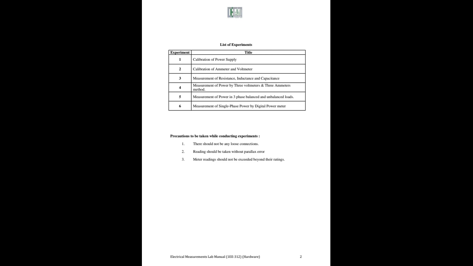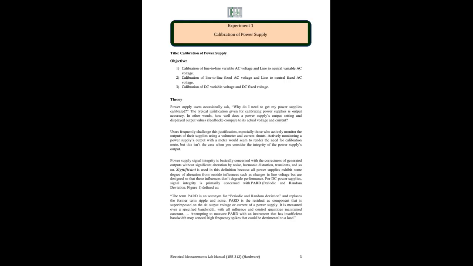Okay. Now coming to the experiments. The first experiment is calibration of power supply. What is meant by calibration of power supply, and what are the objectives of this experiment?